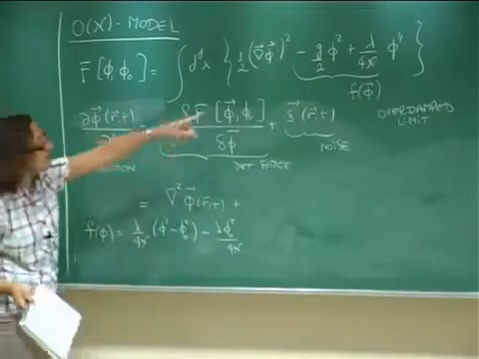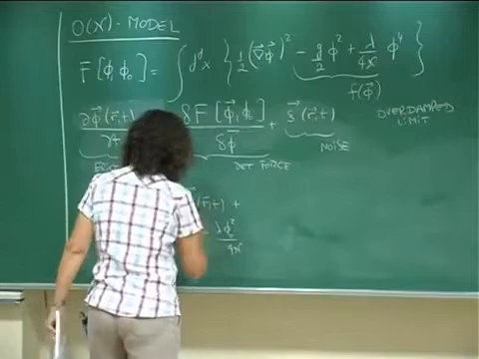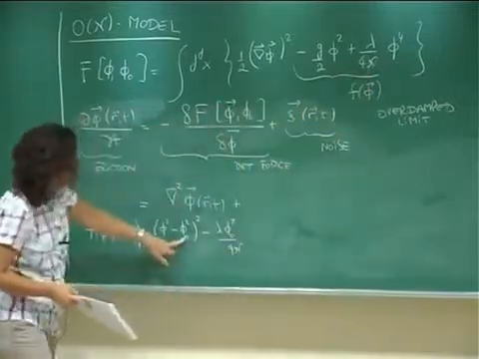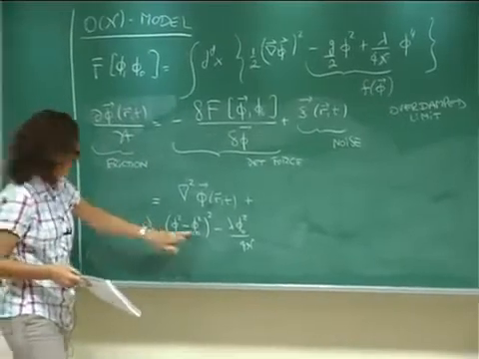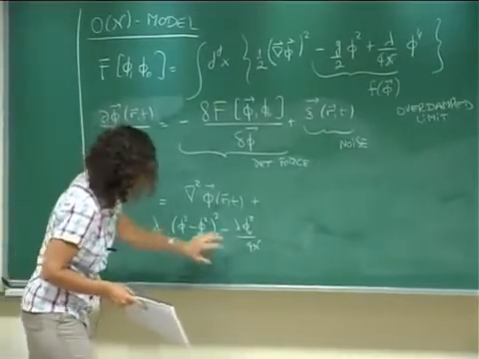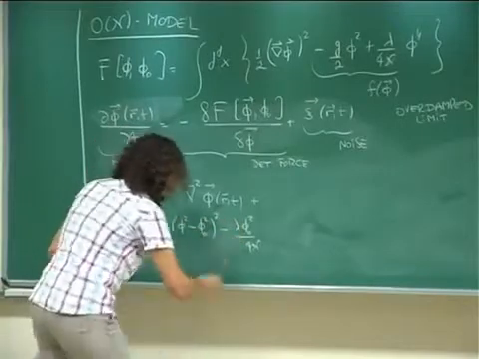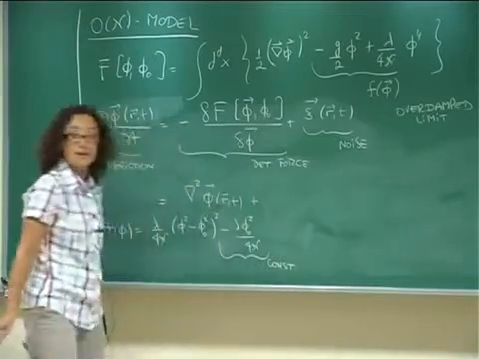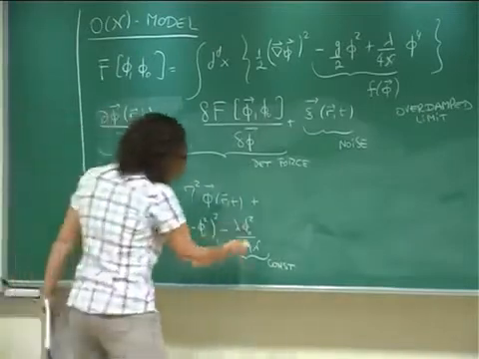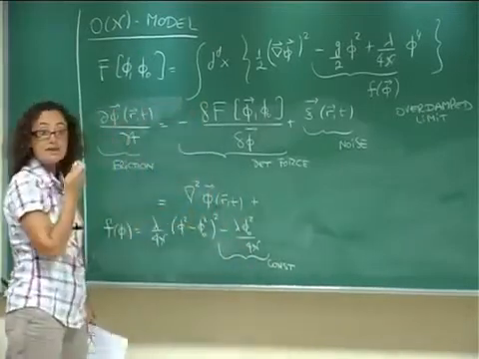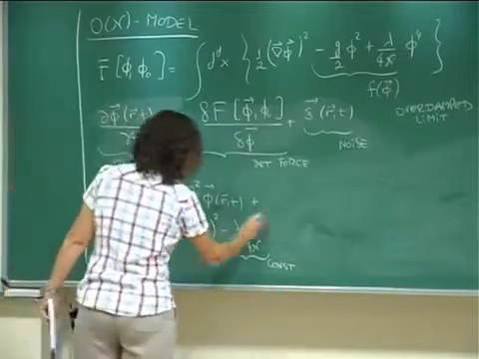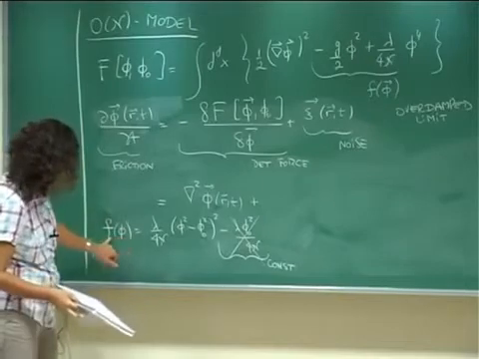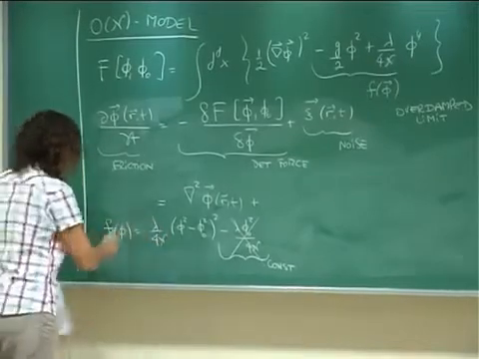It's just a rewriting of this object, where I made explicit the dependence on phi naught. I took the lambda out, and here there is a constant. This constant is irrelevant with respect to the dynamics, so it will not contribute, and I can forget it.